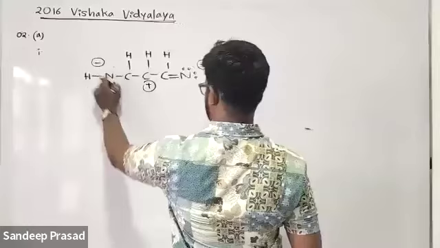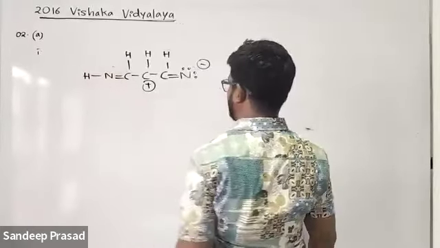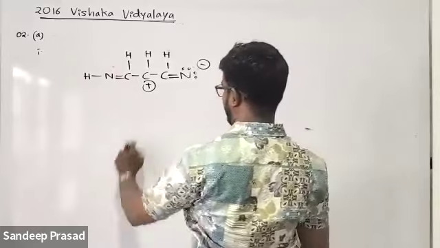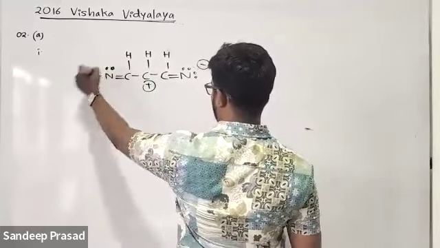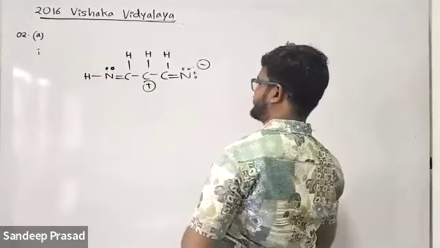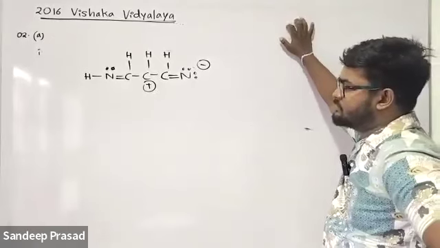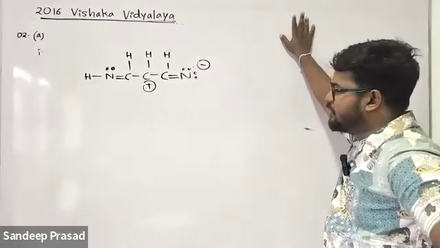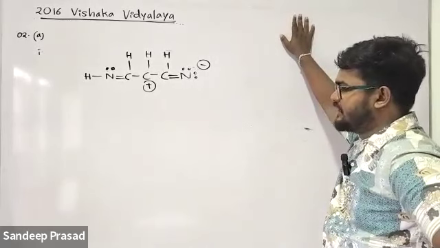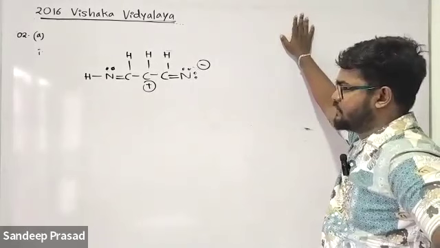That means we can draw the structure in this way. Here positive, and here we can put a lone pair. But if you put it in this way, what will happen? Carbon is not satisfying the octet. Then how can this be the most stable Lewis structure? It cannot be. It's not possible.